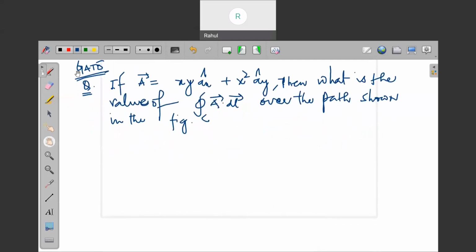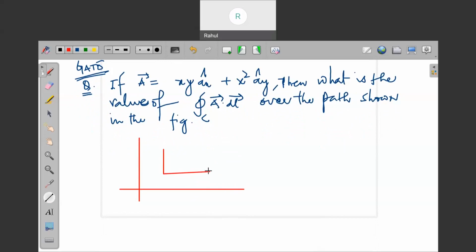So this is the question, and the figure associated with this problem is like this. This is your y-axis and this is your x-axis, and there is a path given like this.